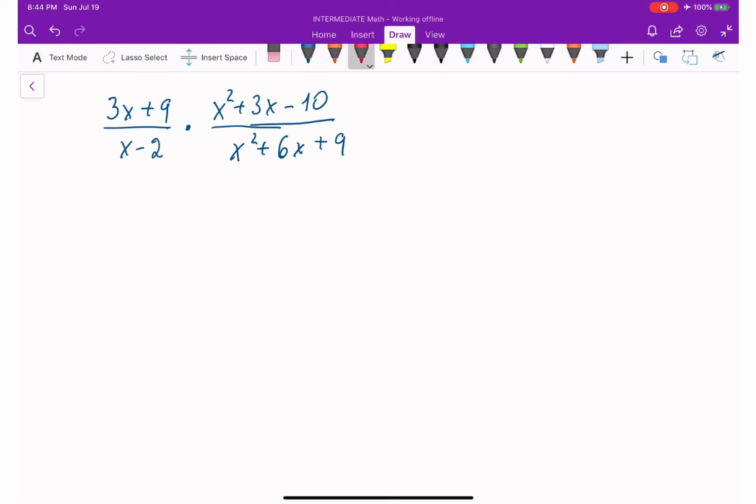If we have a over b times c over d, we are multiplying numerator with numerator and denominator with denominator, which is going to be ac over bd. So I'm applying the same method of multiplication.